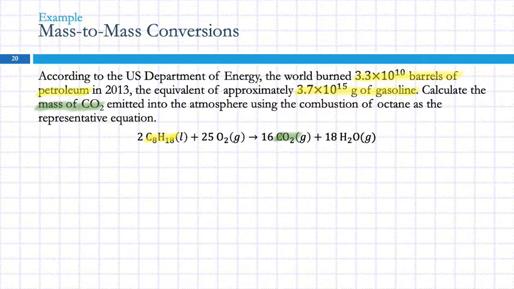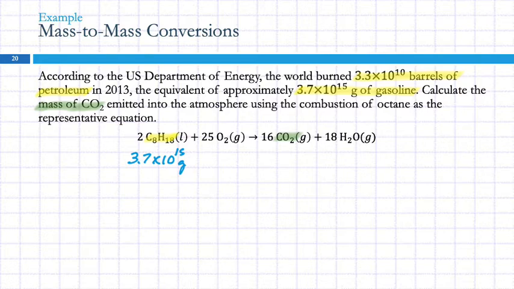So you always need a balanced chemical equation, and then I like to use it to organize the information. So we have a mass of gasoline, which we're going to approximate as octane. So this is 3.7 times 10 to the 15th grams of that.